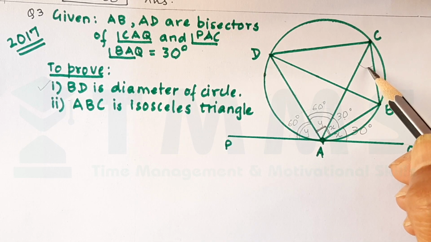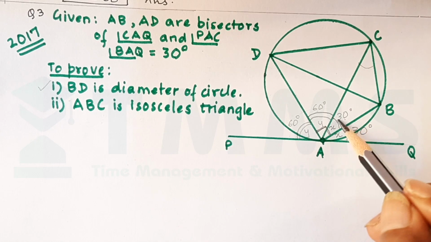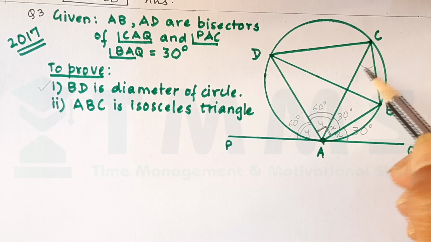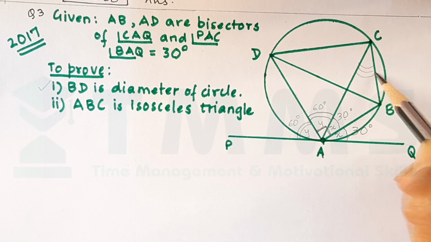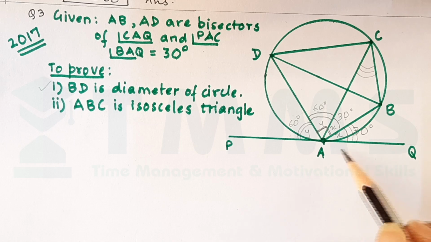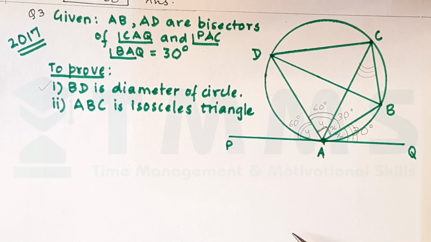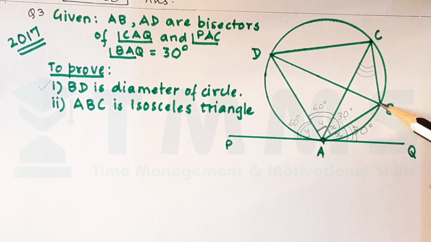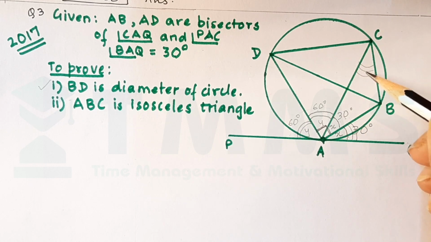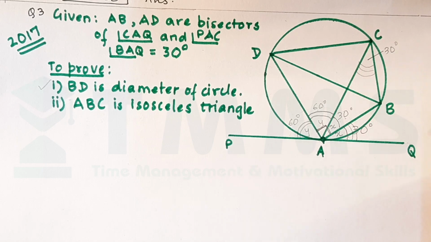Now, how do I connect this angle with 30? This is also 30, this is also 30. Is this angle over here connected with this angle here? Yes. Can you see AQ is the tangent and AB is the chord at the point of contact? And so angle BAQ will be equal to angle BCA, and that will be the angle in the alternate segment, and that is your 30 degrees.